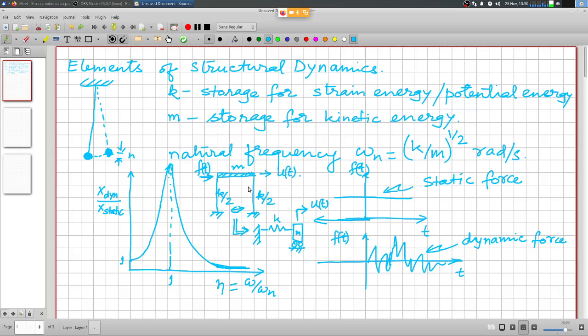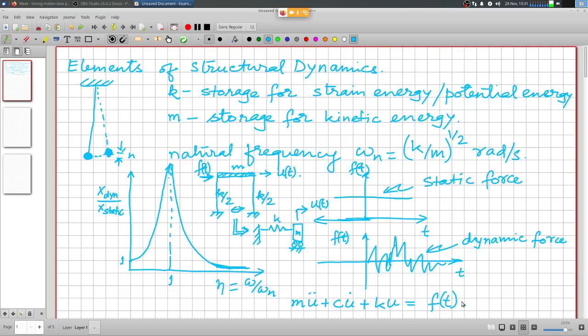Now this maximum force we can identify by application of Newton's second law of motion, by which we can develop the equation of motion. This is a second order differential equation with constant coefficients, subjected to external excitation.